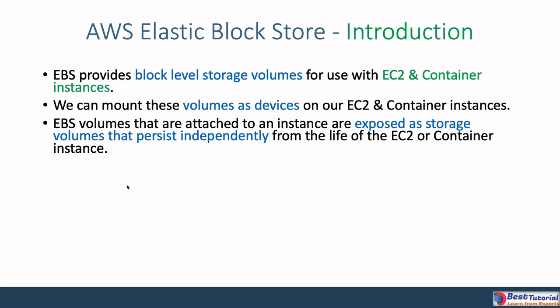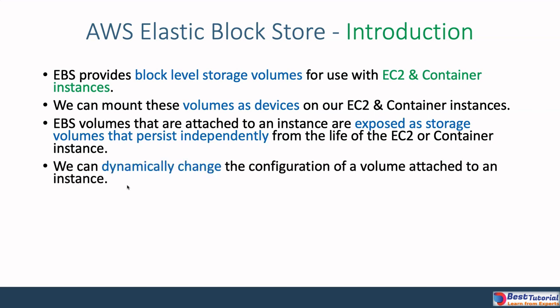EBS volumes attached to an instance are exposed as storage volumes that persist independently from the life of the EC2 or container instance. In simple terms, even if we terminate our EC2 instance, or our container instance or Kubernetes pod gets terminated, the volume is still persisted independently. So we really don't need to worry about the data stored in those volumes.